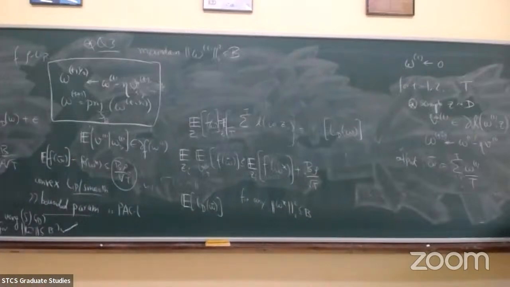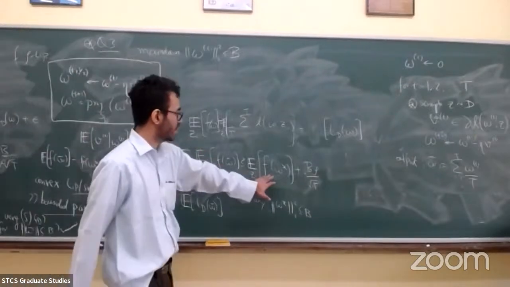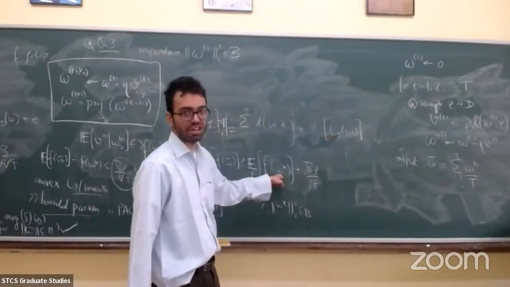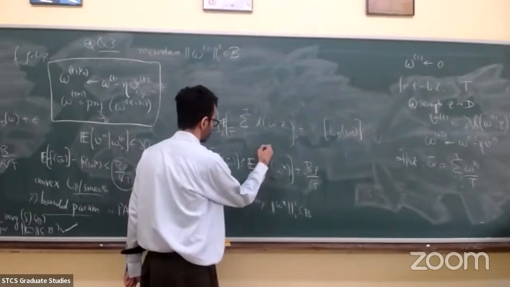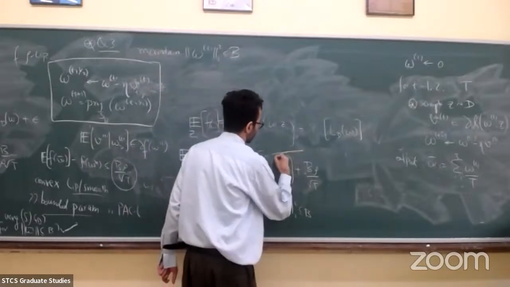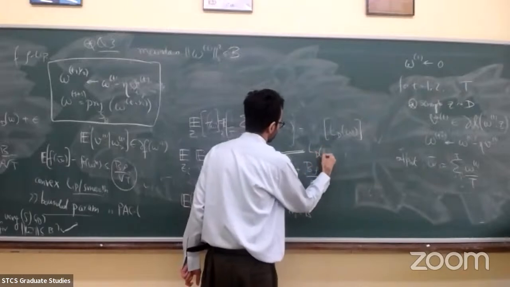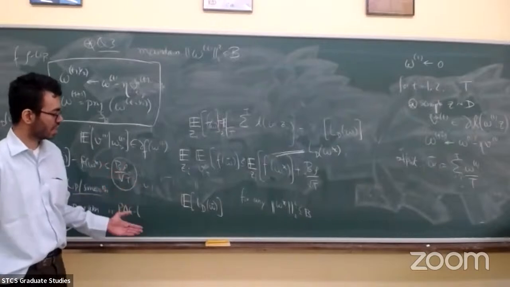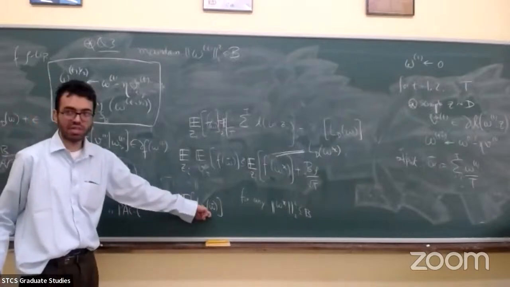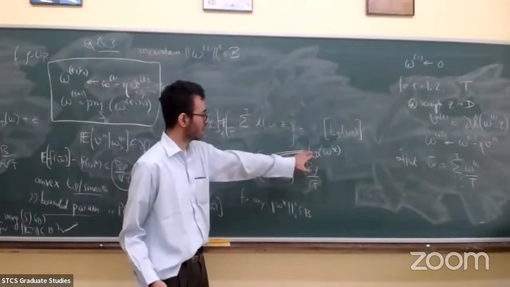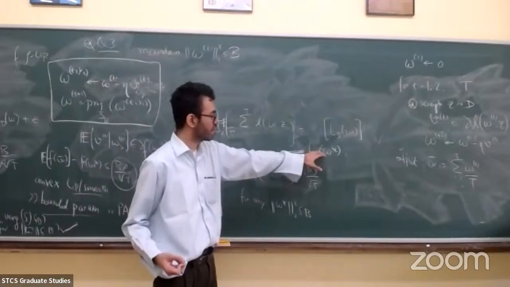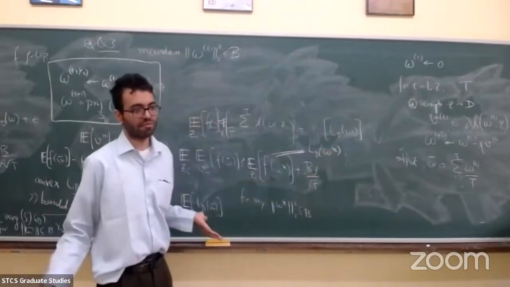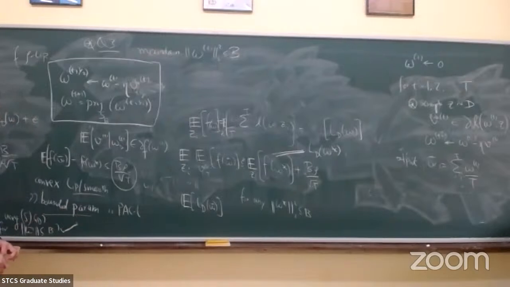Once again, by the same logic as before, this thing here is just the loss over the distribution of W star. What does it tell me? It tells me that the expected loss of my algorithm's output is at most the loss over the distribution of any W star plus this. That's my goal, that's what I'm trying to show.